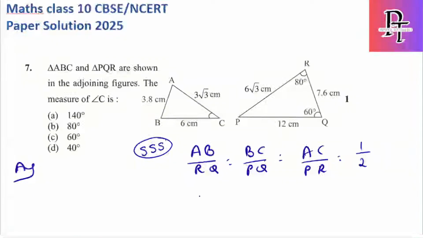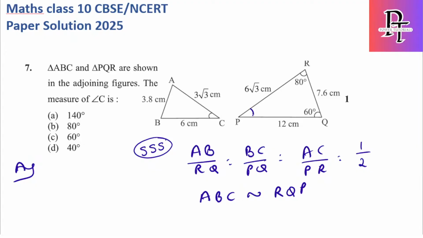Okay, so which triangles are similar? ABC is similar to not PQR, because A is referring to R here, so it is R. B is referring to which one? AC is 3 root 3, so RP is 3 root 3, so C should be P, and B is nothing but Q.